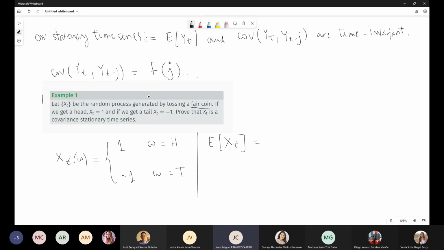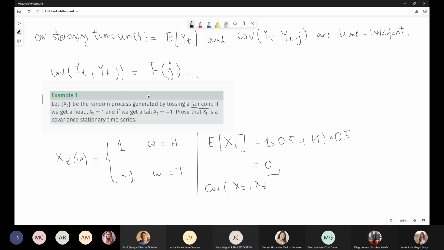Can you repeat, please? I couldn't hear you. Yes, we have to sum 1 multiplied by 0.5 and the same with the -1. Times 0.5. Okay. So this must be 0.